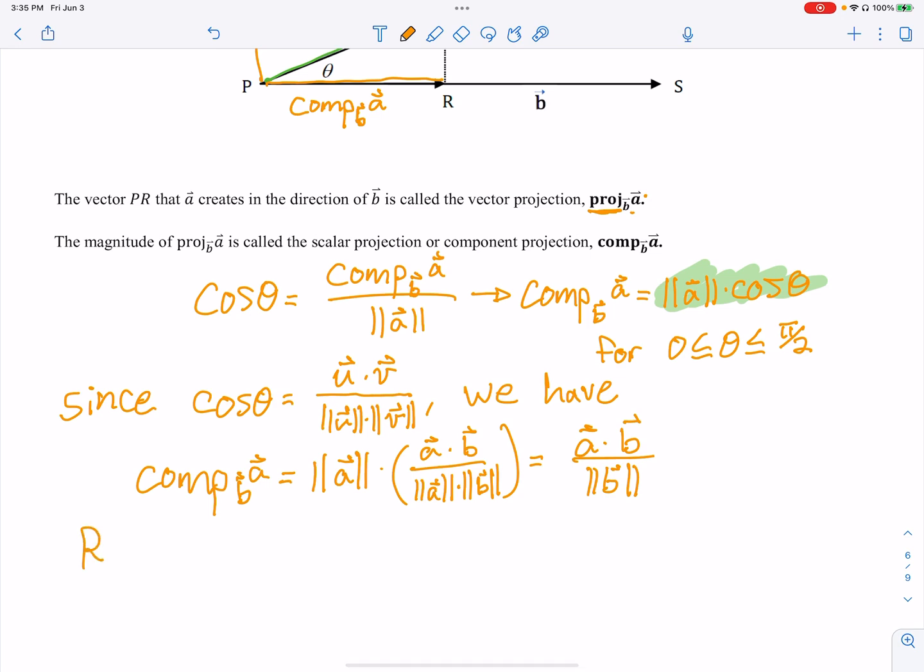Now I want you to recall, as we work our way into that projection, that vectors are made up of two things: a magnitude times a direction.